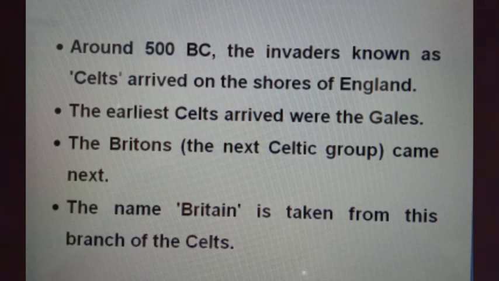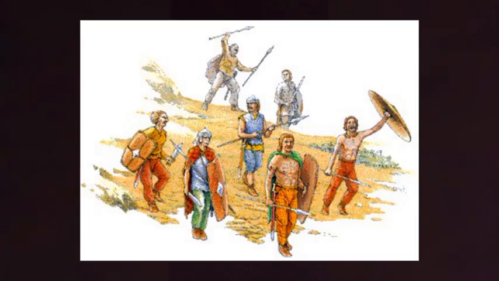The Gaels were the earliest Celtic people who reached England. The Britons, the next Celtic group, came next. The name Britain is taken from this branch of the Celts.